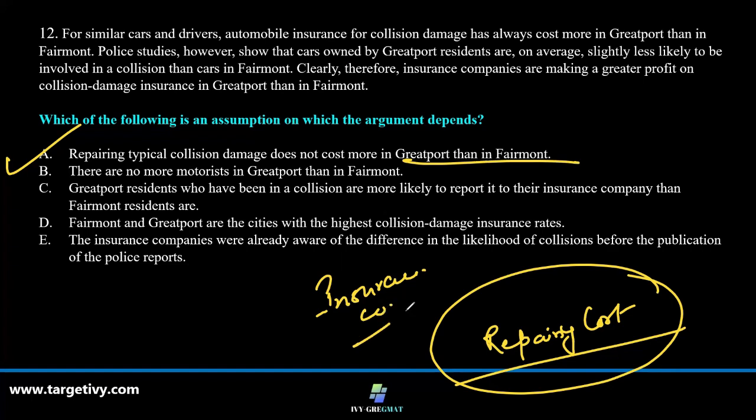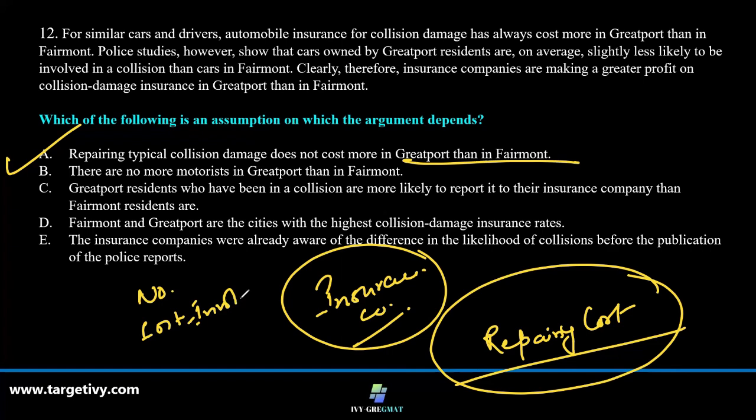The insurance company's bills go up with two factors. One is the number of collisions and the other is the cost involved. If the cost is high and the number of collisions is low, or in the other place, the number of collisions is high but the cost is low, the situation remains the same.